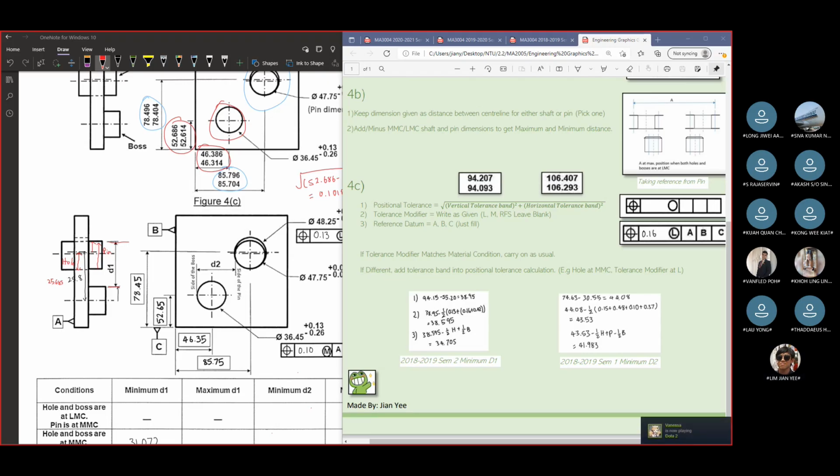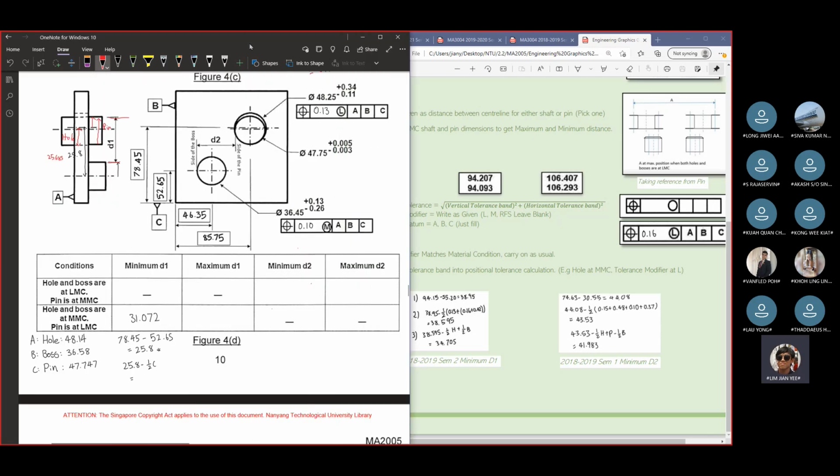Okay, sorry for the mix up. I see what was wrong. So yeah, L and M. So you have to do 0.13, right?